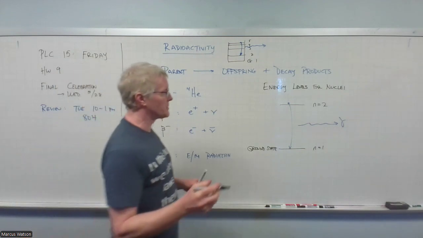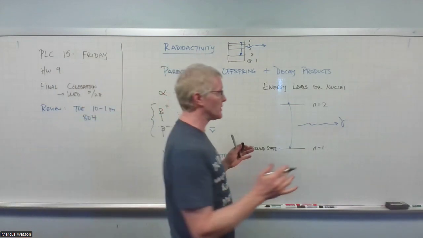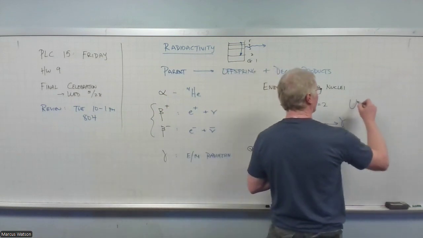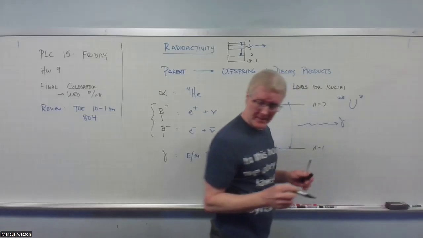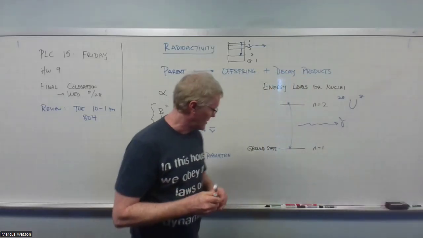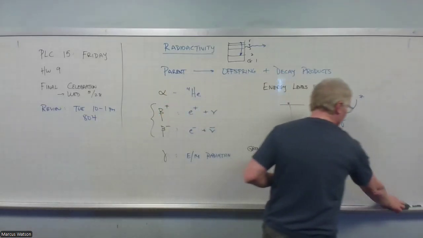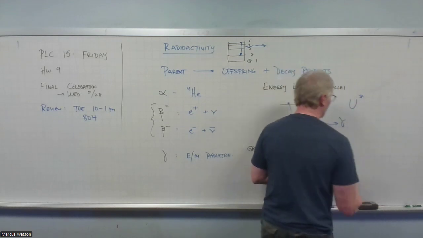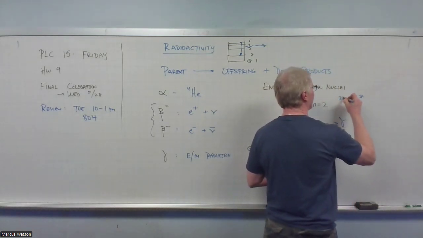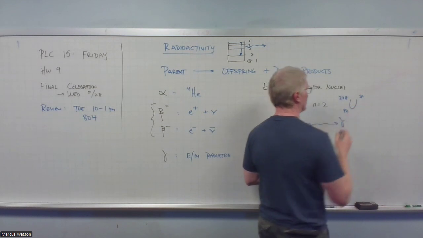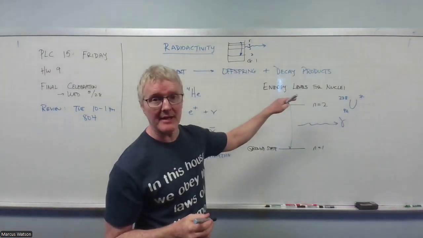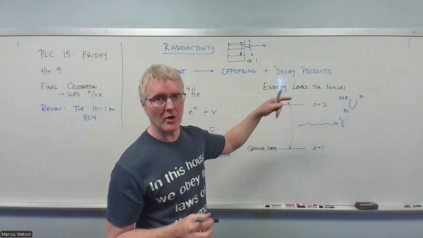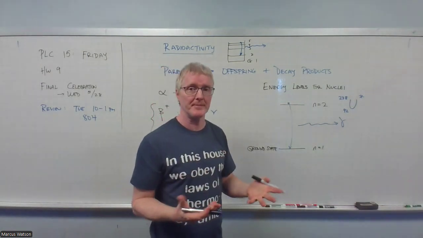We would denote the excited state nucleus by having a star on it. In the way I was writing it last time, uranium-238 with 92 protons, like this, would be the excited state of that nucleus. The star means it's got a little bit extra energy.